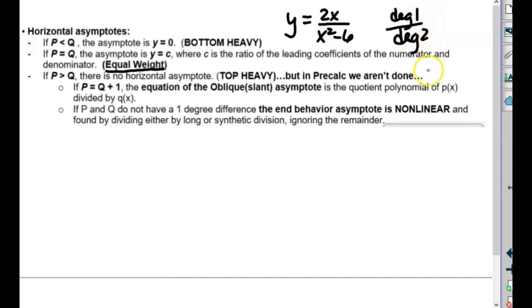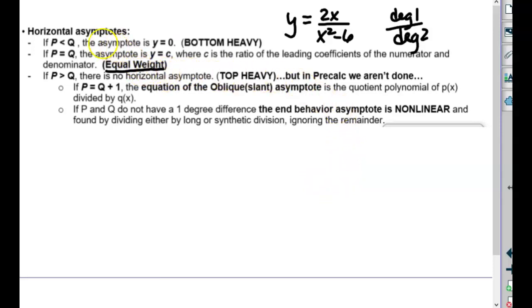So there are more powers of x in the denominator. So if you put a really big number in there, like 1,000,000, you'd have 1,000,000 over 1,000,000 squared. That's going to be a really tiny number, even though 1,000,000 sounds really big. When you square 1,000,000 and divide it, it gets very tiny.